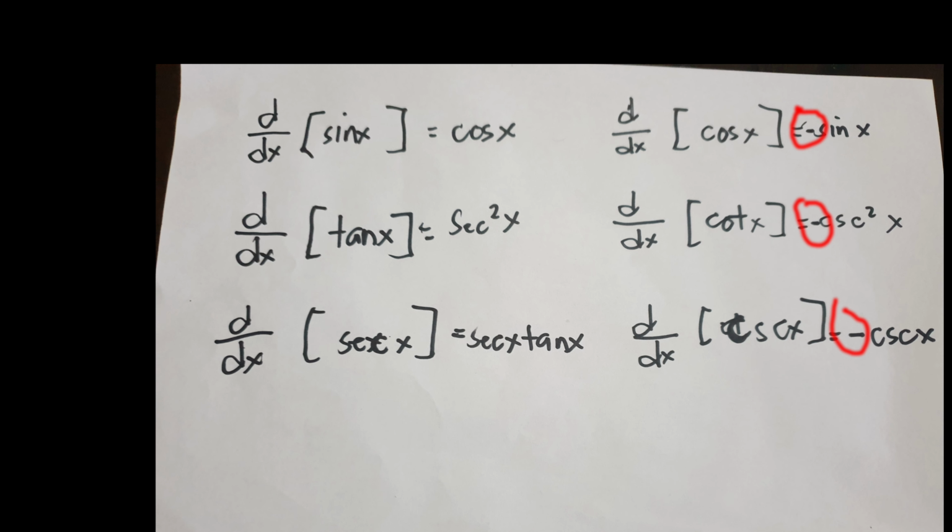And notice the similarity between tangent and cotangent: their derivatives, secant squared and cosecant squared, are similar. The derivative of secant is secant tangent, and the derivative of cosecant is negative cosecant cotangent, so there are some similarities.